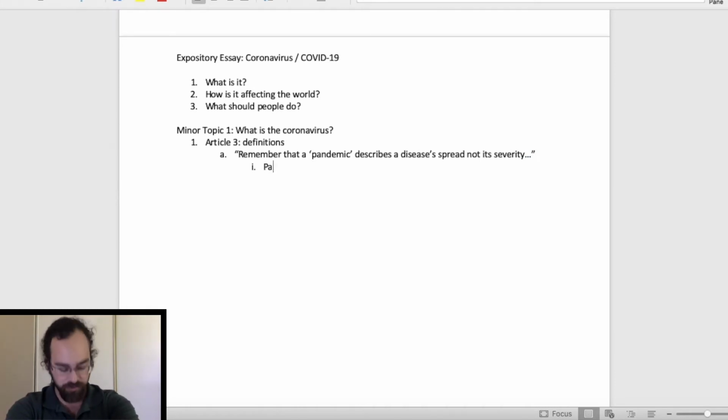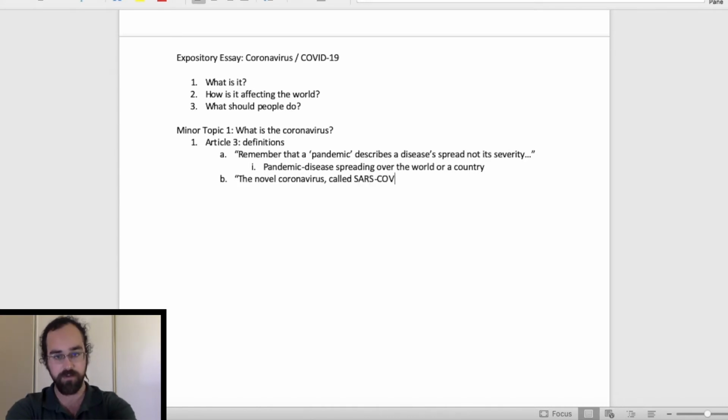Just a further note is that pandemic is a disease spreading over the world or a country. In another line, I found the novel coronavirus called SARS-CoV-2, and the disease it causes, COVID-19.